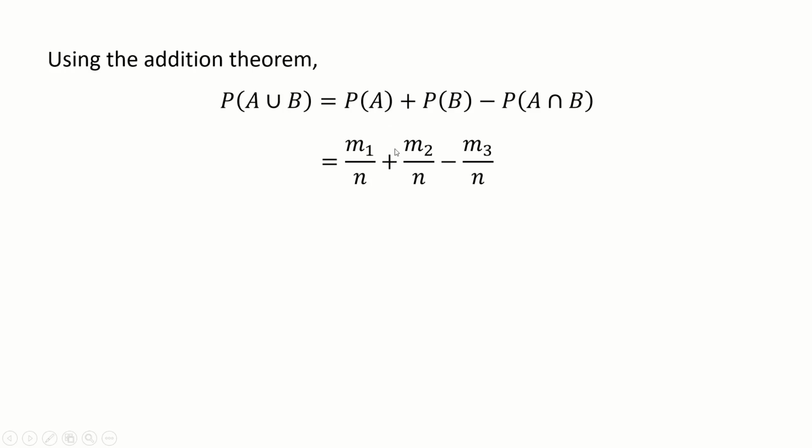Probability of B is M2 by N. N is the exhaustive cases, and probability of A intersection B is M3 by N. So put the values: 18 by 36, 5 by 36, 3 by 36. After adding, we get 20 by 36, which is the probability for A union B. That is the probability of the event A or B.